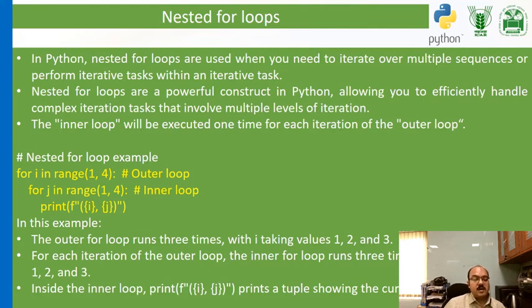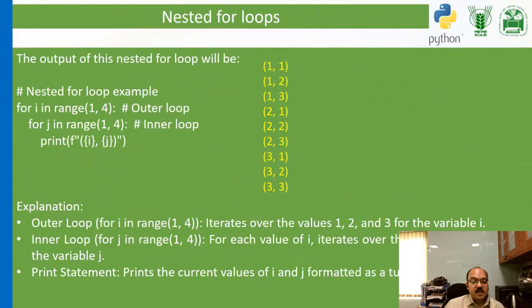Then when I's value is 3, the inner loop with j will be iterated over again 1, 2 and 3. So we will get the output like this: 1, 1, 1, 2, 1, 3, then 2, 1, 2, 2, 2, 3, and then 3, 1, 3, 2 and 3, 3.